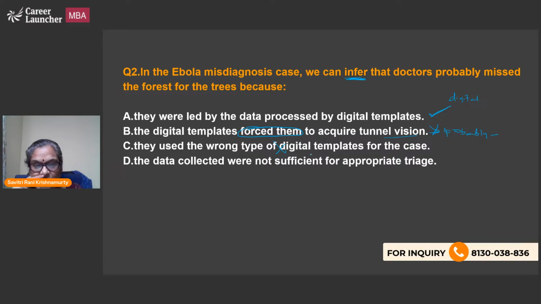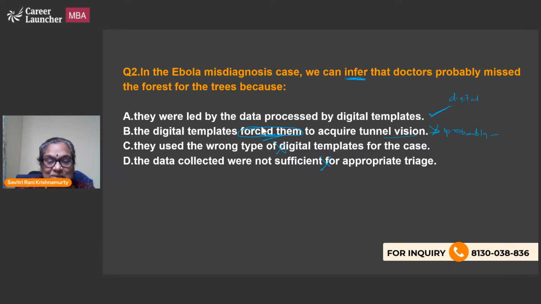It's not that the templates forced them. Nothing about using the wrong type, or not sufficient. The author says they probably became very narrow in their diagnosis because of that, and they missed the forest for the trees.